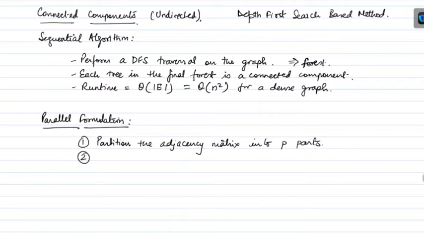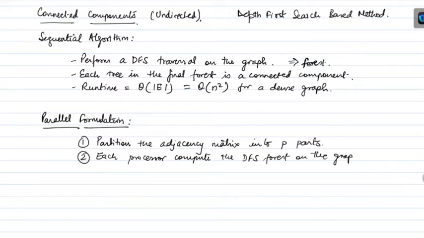So what we're going to do now is that we will have each processor compute a DFS forest on the graph visible to it, right? Whatever graph it has, it's going to compute a DFS forest over that.